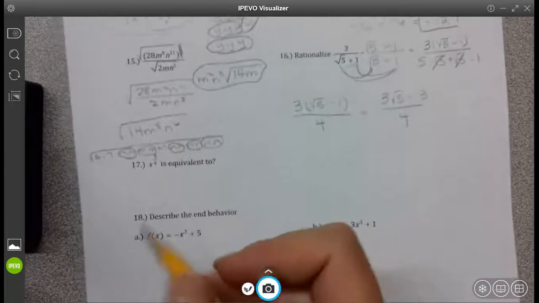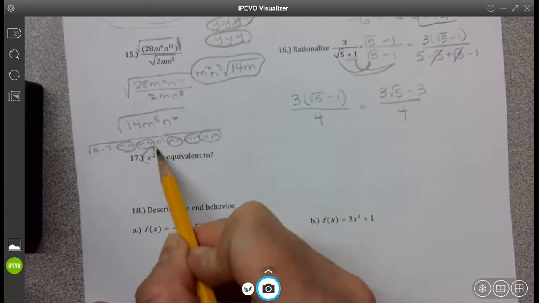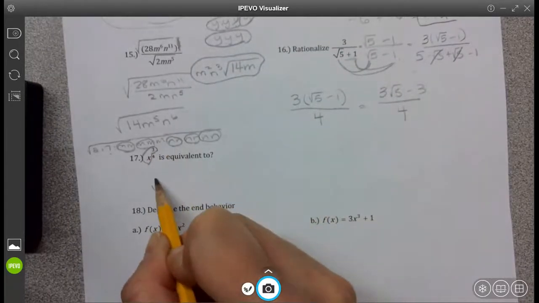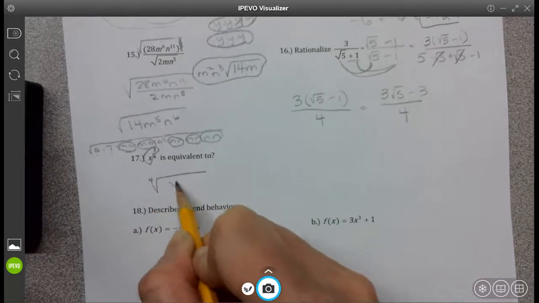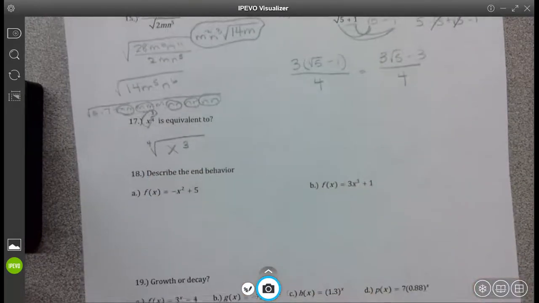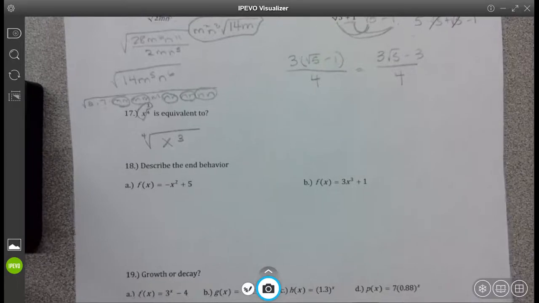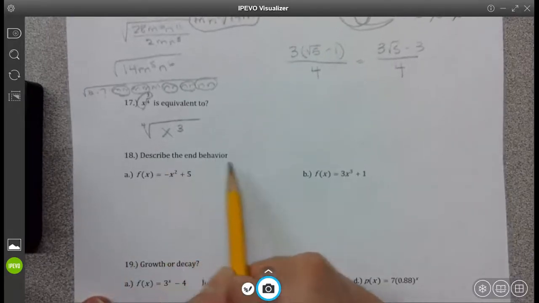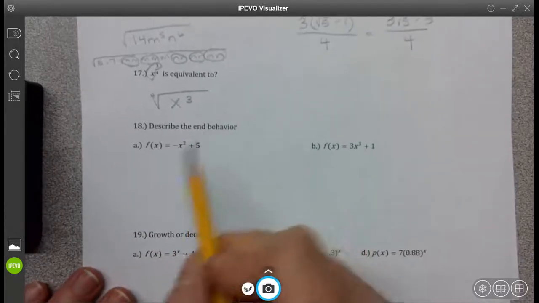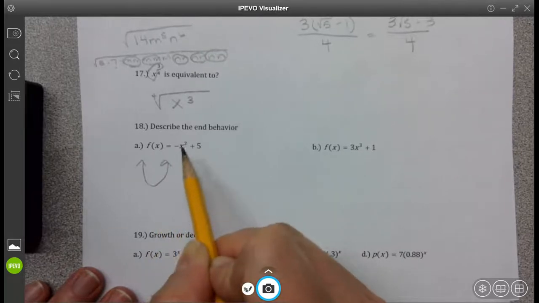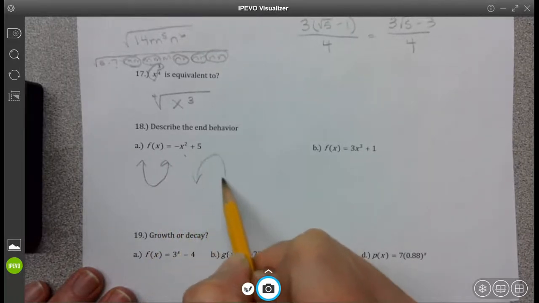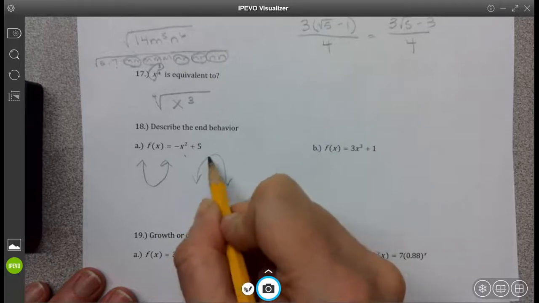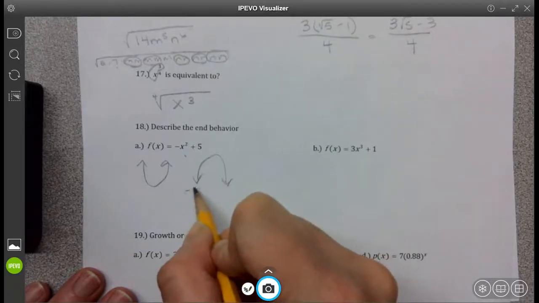All right, 17 is x to the third, fourth root. Describe the end behavior. Here, it's x squared, but it's negative, so it flips. Both ends are heading towards negative infinity.